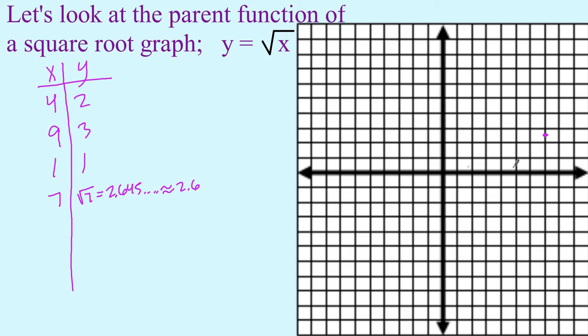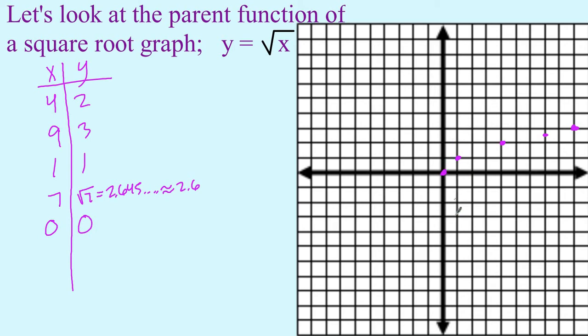Graph your other ones. We have (4, 2) and (9, 3). We have (1, 1). Now notice, this is when I get kids that usually stop. There's another number here. I could have plugged in 0. The square root of 0 is just 0.